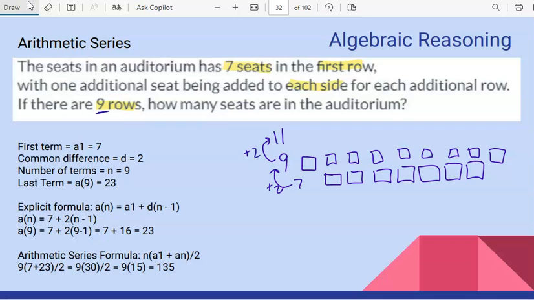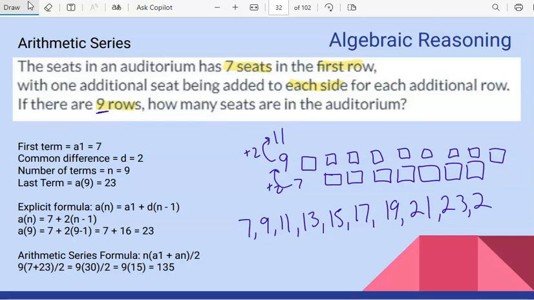Now it says there's 9 rows, so we're going to do this 9 times. So we have 7 plus 2 is 9, then 11, 13, 15, 17, 19, 21, 23, 25.